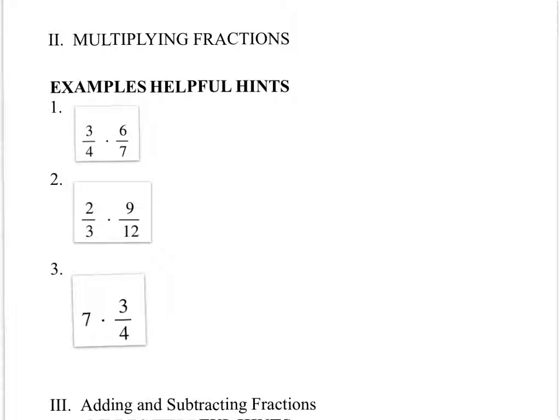Okay, moving on. Multiplying fractions. To multiply fractions, you multiply straight across, but then you have to simplify. There's also another trick to doing it. If you can simplify across, you're allowed to do that.